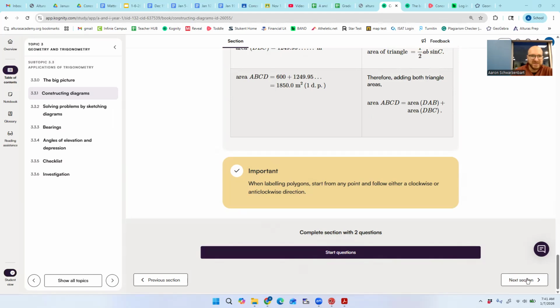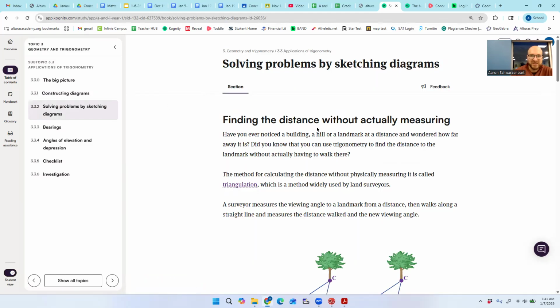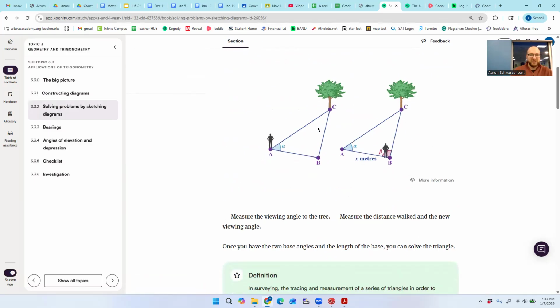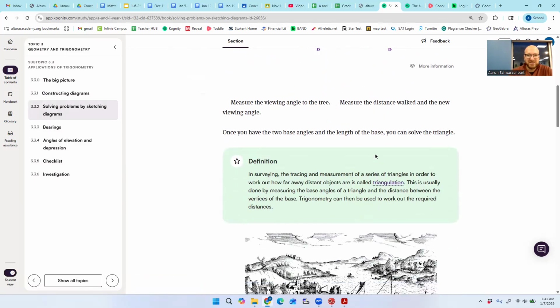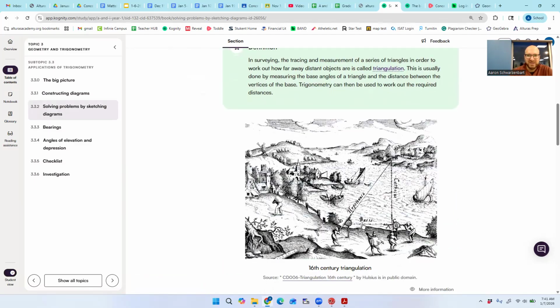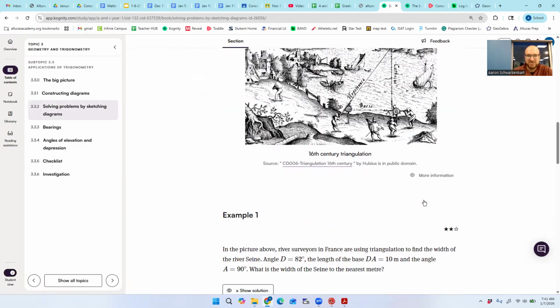Solving problems by sketching diagrams. Find the distance without actually measuring. And the key to this is going to be using trig. This is used commonly in surveying, finding two measurements that you know, and then using trig to find the others.